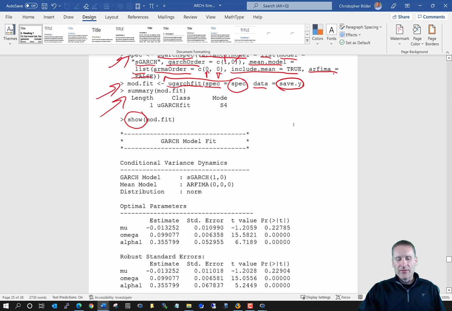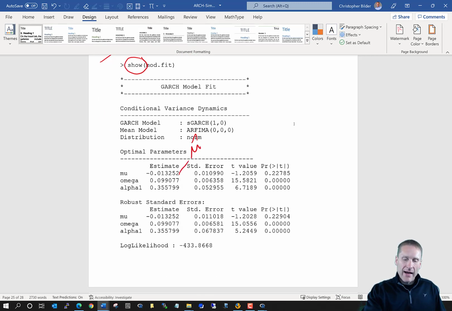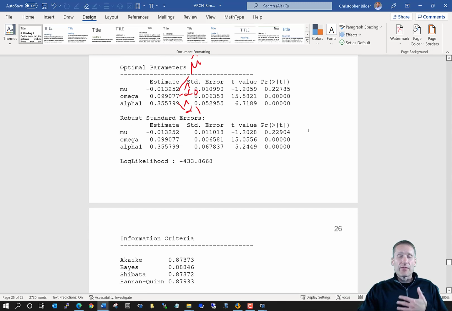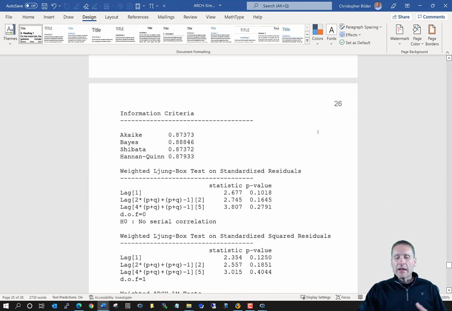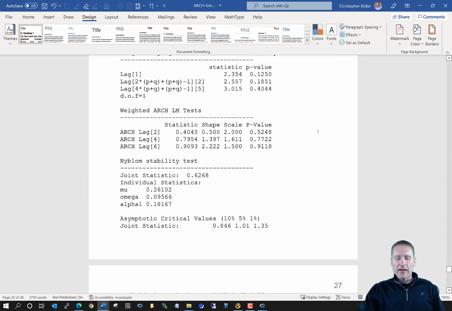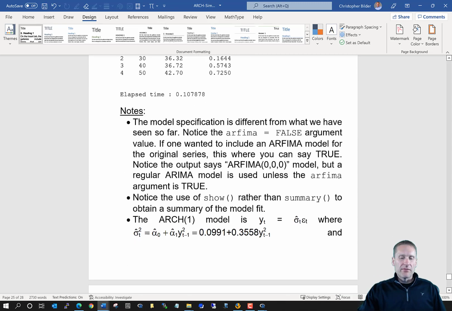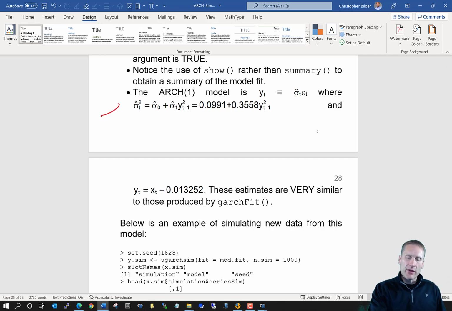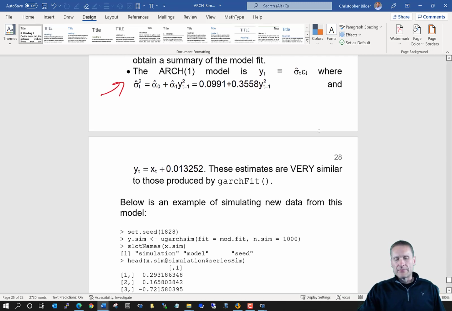And this is what we get. So we get mu hat, we get alpha hat 0, here is alpha hat 1 as well. Again, this is for the original for loop data that I had simulated, not the data that I ended up primarily focusing on when we were using fGarch. We get a lot of other good things listed in the output as well. You can take a look at that on your own if you're interested. Here's simply where the model is stated as well.